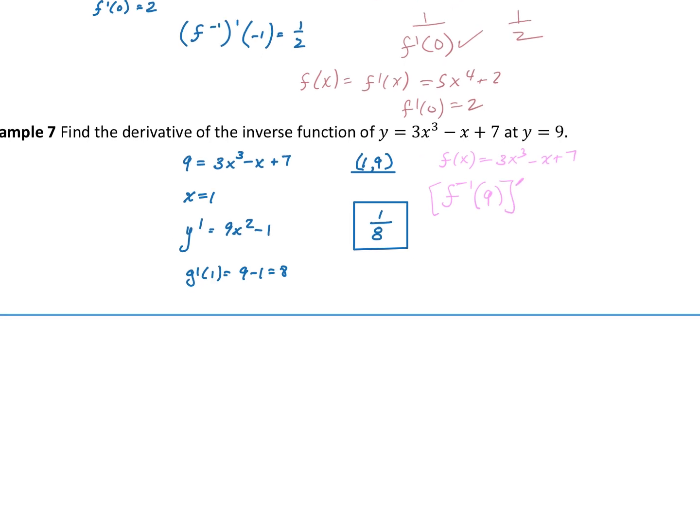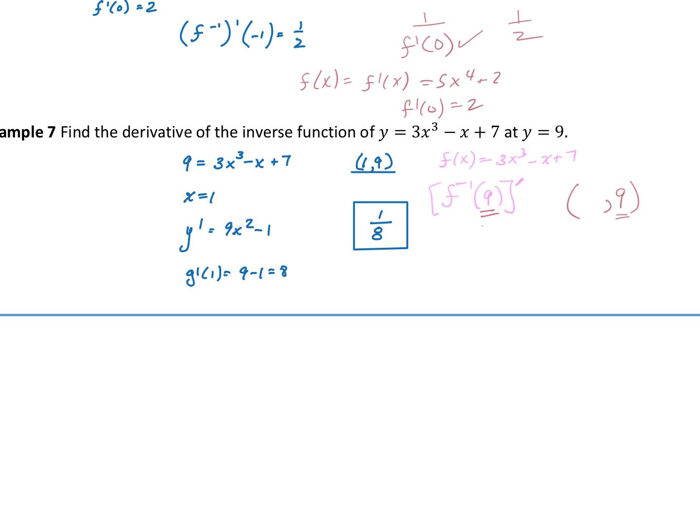I think that makes it more clear. That's how it would be asked. They're asking for the derivative of the inverse function of f at 9. So 9 is the x value of the inverse function, but it's the y value of the original function.